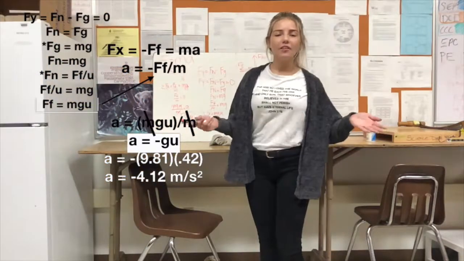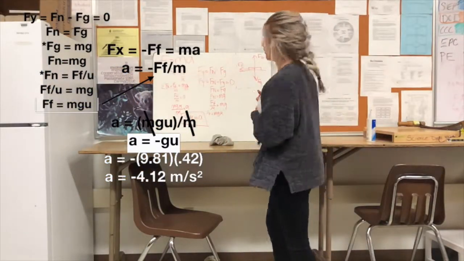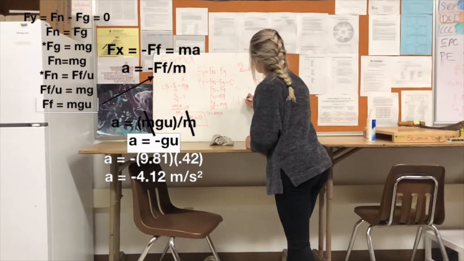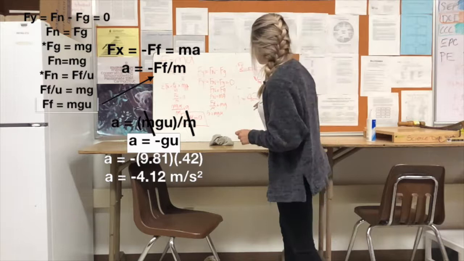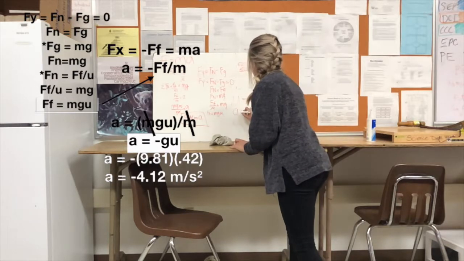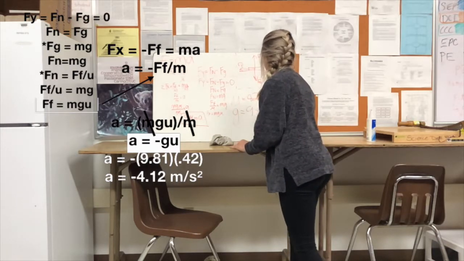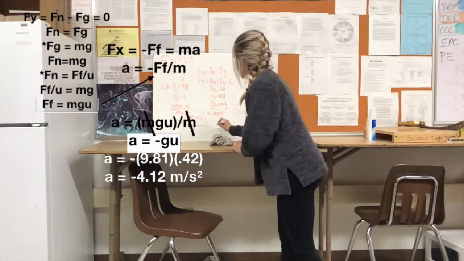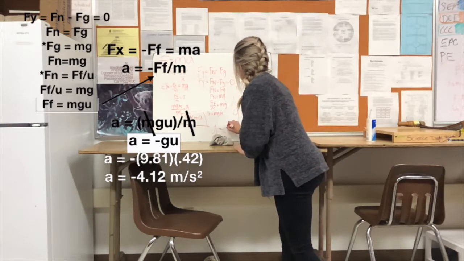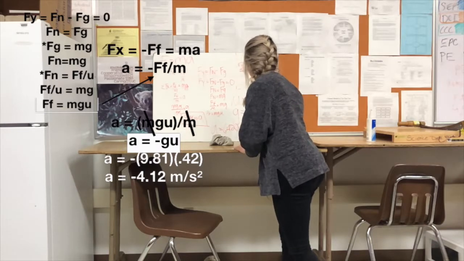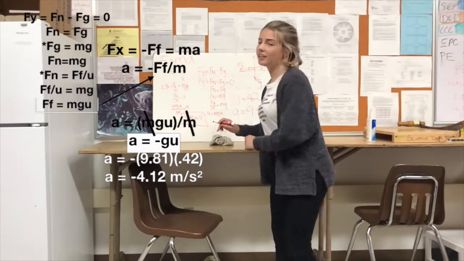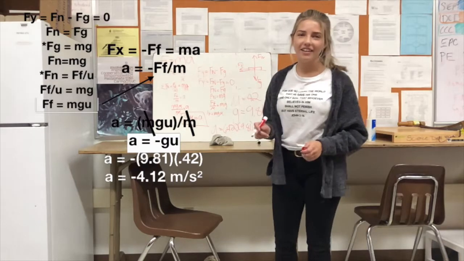Thanks. Now all we have to do is plug in our known variables. Mu equals 0.42, and acceleration due to gravity on Earth is always 9.81. So once we put those in, we get acceleration equals 0.42 times 9.81. And Jasmine, can you put that in our handy-dandy calculator?